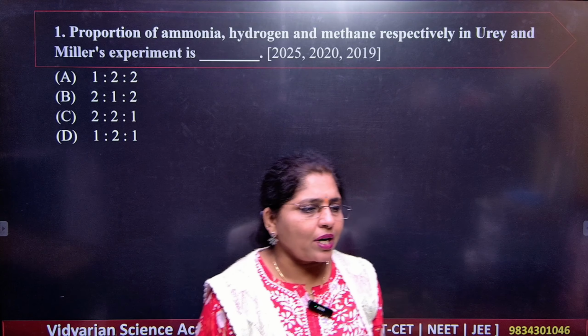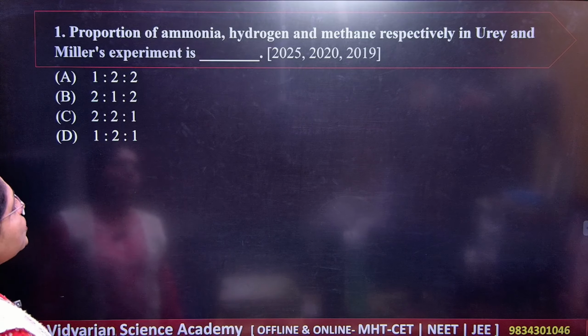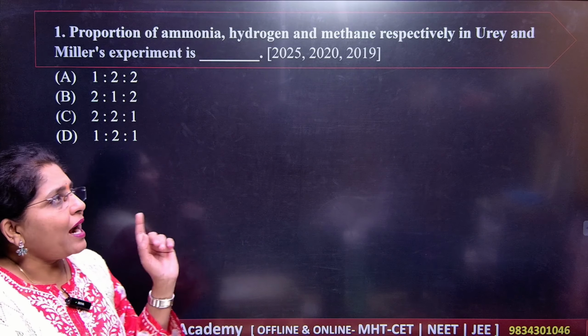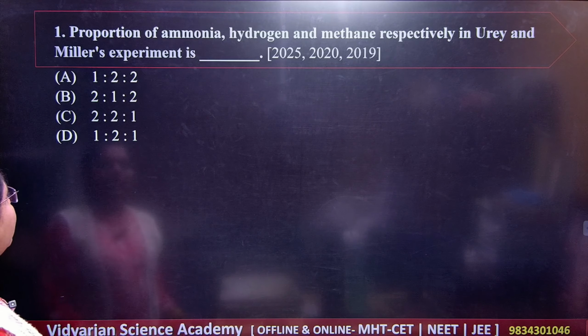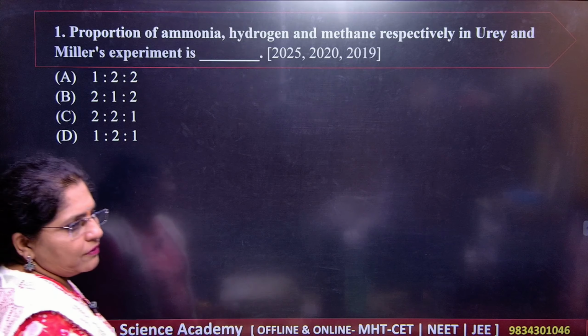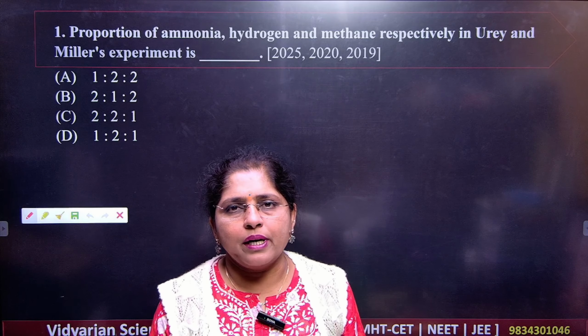Okay, so let us start with the first question. Question number 1. Proportion of ammonia, then hydrogen and methane respectively in Urey and Miller's experiment is. You know that we have to remember this properly. Urey and Miller did the experiment artificially.